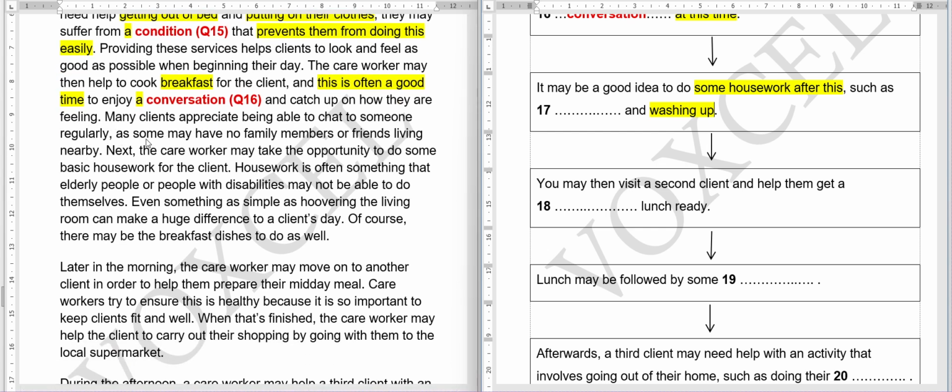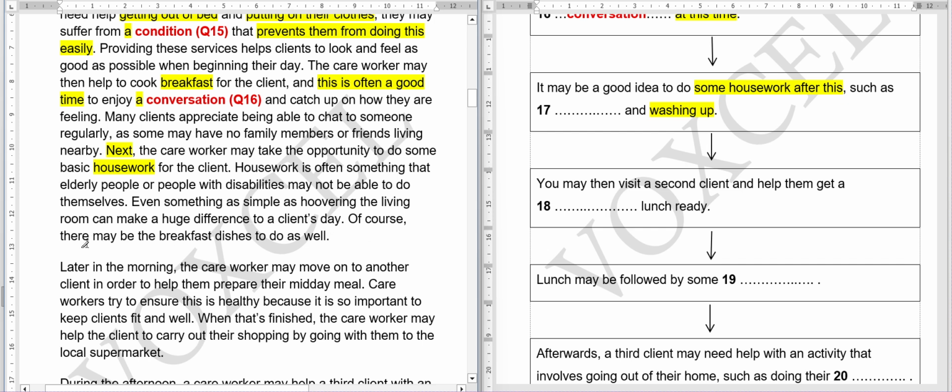Many clients do this. Next, the care worker may take the opportunity to do some basic housework for the client. So here it is next. Basically, the next step is housework. So some housework. So this is our location. Housework is often something that elderly people or people with disabilities may not be able to do themselves. Even something as simple as hoovering the living room can make a huge difference to a client's day.